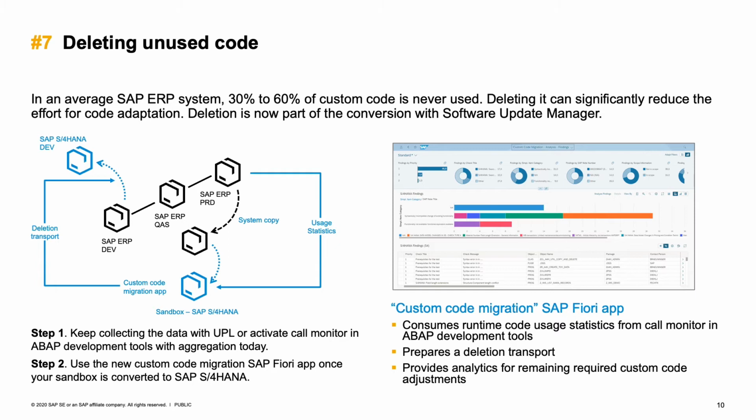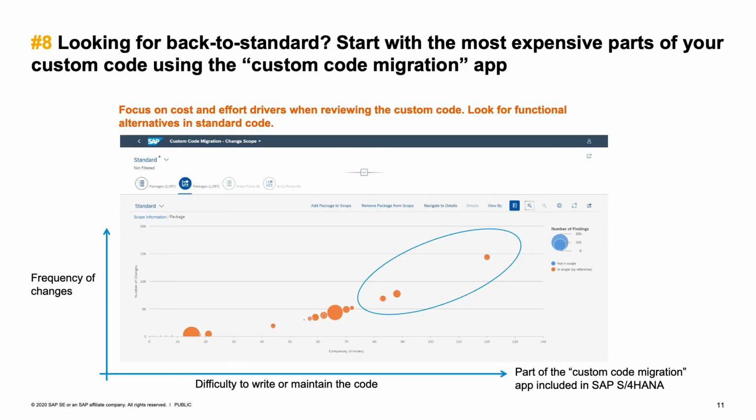The tool then prepares a deletion transport, which can be incorporated into your conversion run for your development system. The objects that you've selected to be deleted will then be excluded from the development conversion run. You'll be rid of them. The custom code migration app has further analytical capabilities to assess your custom code, and more about this on the following slide.